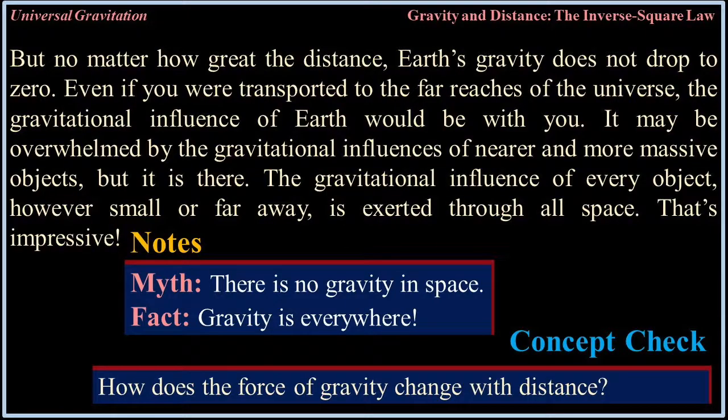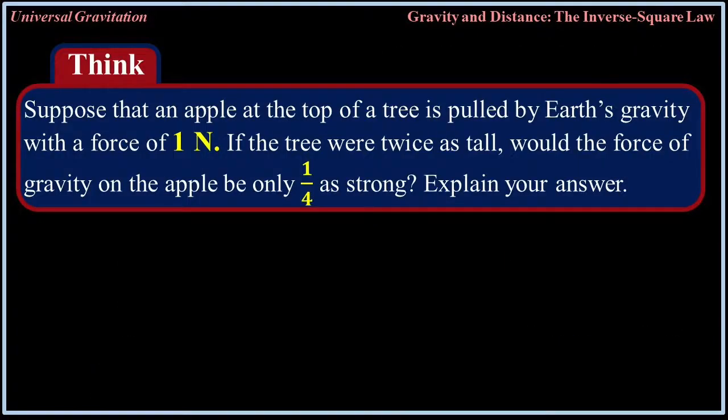Concept check. How does the force of gravity change with distance? Think. Suppose that an apple at the top of a tree is pulled by Earth's gravity with a force of 1 newton. If the tree were twice as tall, would the force of gravity on the apple be only 1/4 as strong?